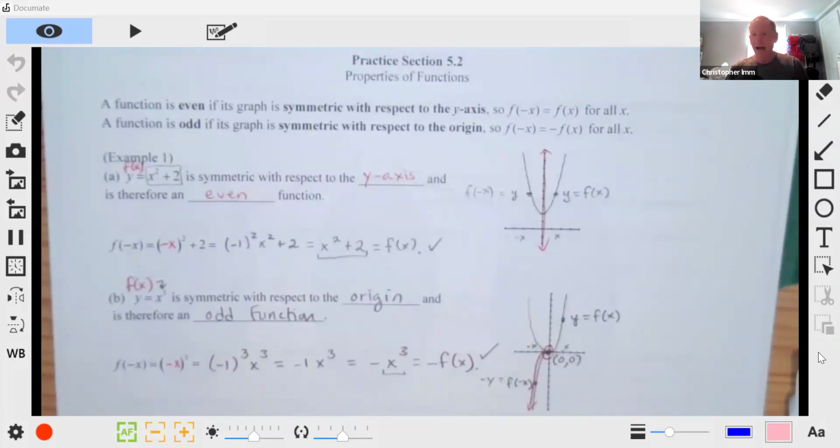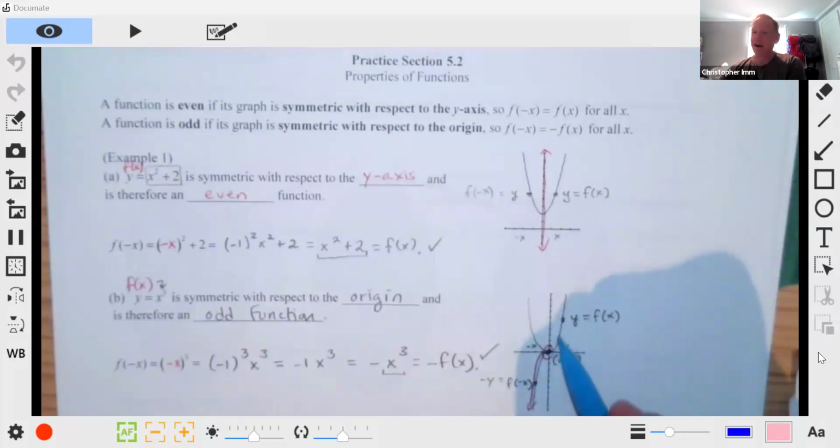Now, if you have a function or a graph that doesn't exhibit these symmetries, or when you plug in negative x, we can't transform it into f of x or negative f of x, then it's not going to have either of these symmetries. But you can hopefully see where this would help.